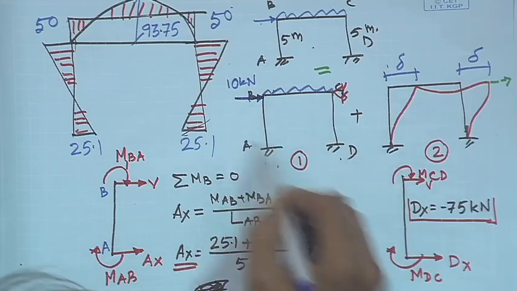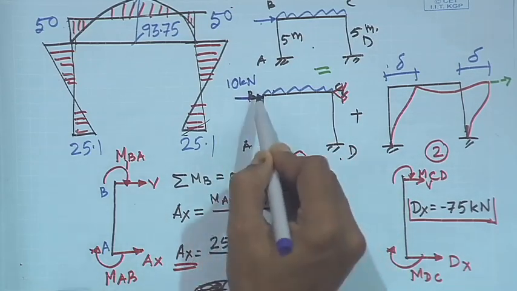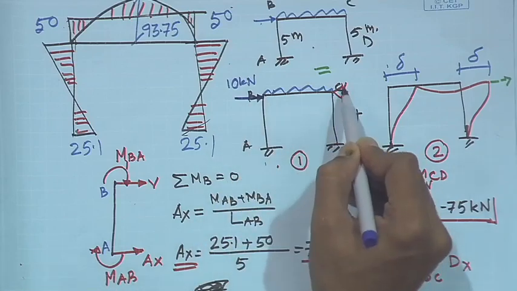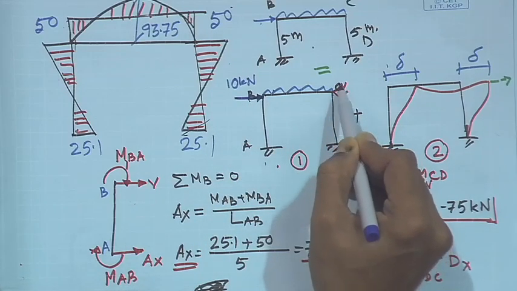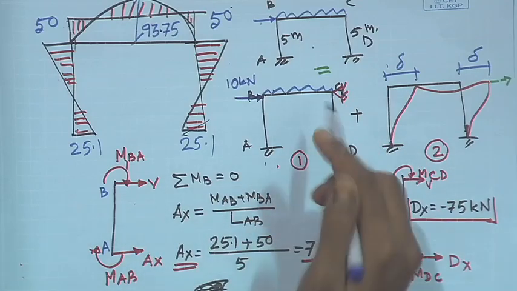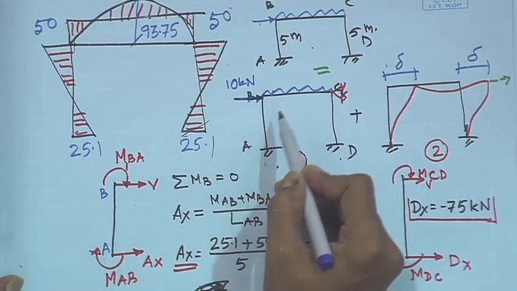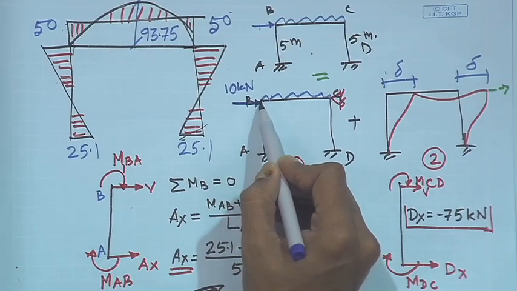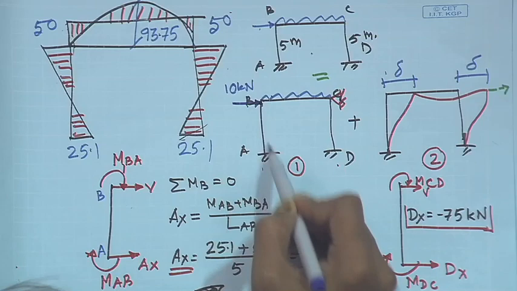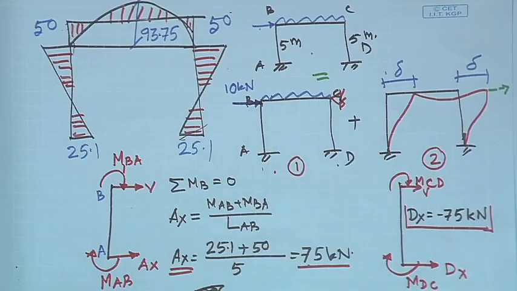Okay. So in sub problem 1 we have a horizontal force, and the sway due to this horizontal force is restricted by this support, but this horizontal force will not change the moment because this force is acting at the joint. So it will not contribute anything to the moments at the joints. Okay.